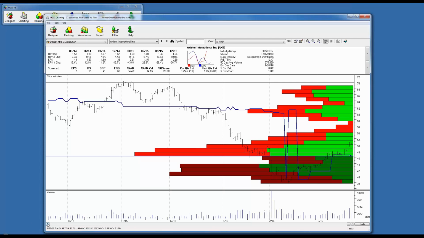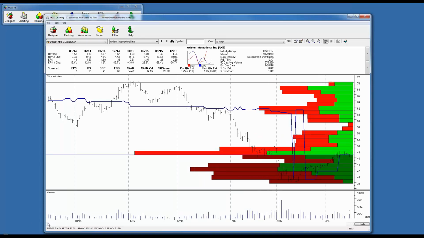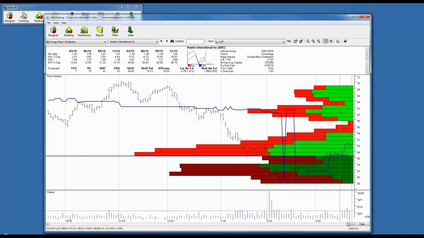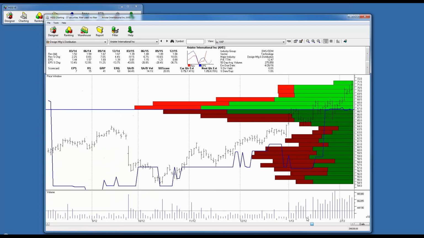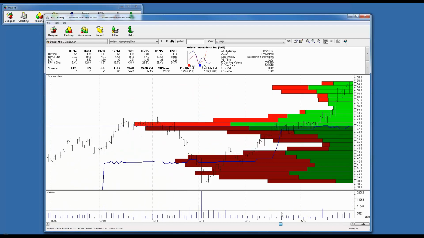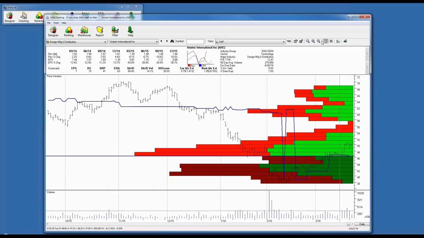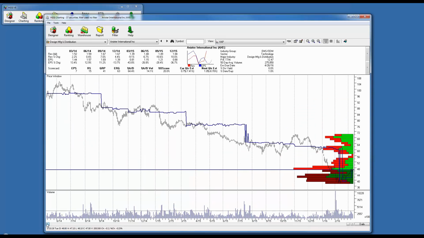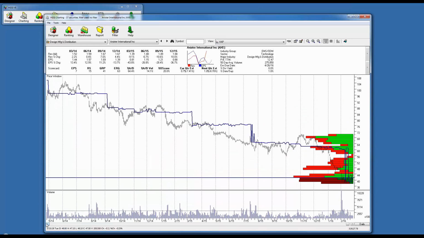And as you move the chart one day back, we redo the entire volume at price relative to the very last day, whatever that is visible on your chart. And so the position of the thumb actually does matter. As you can see here, when you're scrolling through, it recomputes based on every day that you put on the right-hand side of the chart.